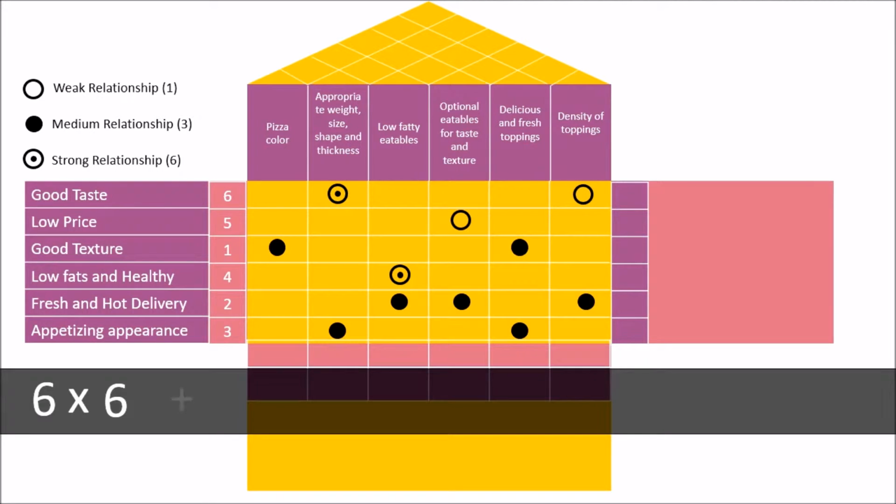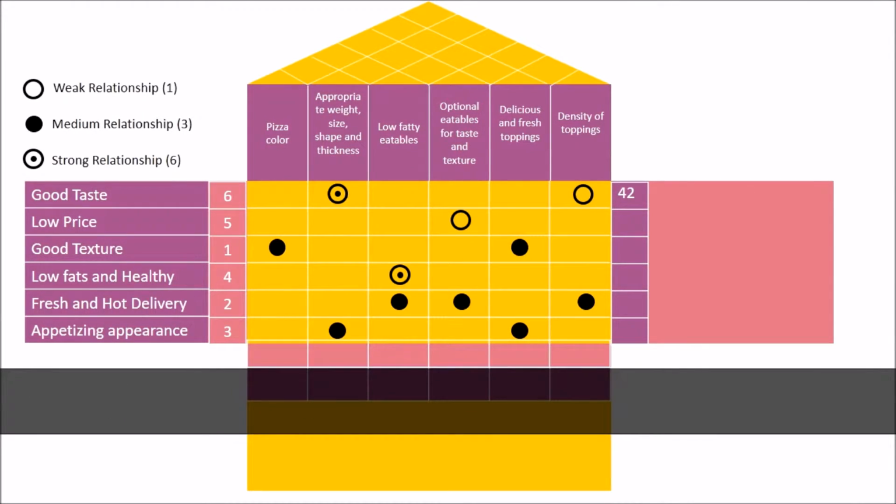And now we will look at the second relationship in the row, which is a weak relationship, the value of which is 1, and we multiply it with the importance rating of good taste again, which is 6. So 1, the weak relationship's value, multiplied by 6, the good taste's importance rating, and then we add both, and you're going to get 42. So the value for our first row is 42.